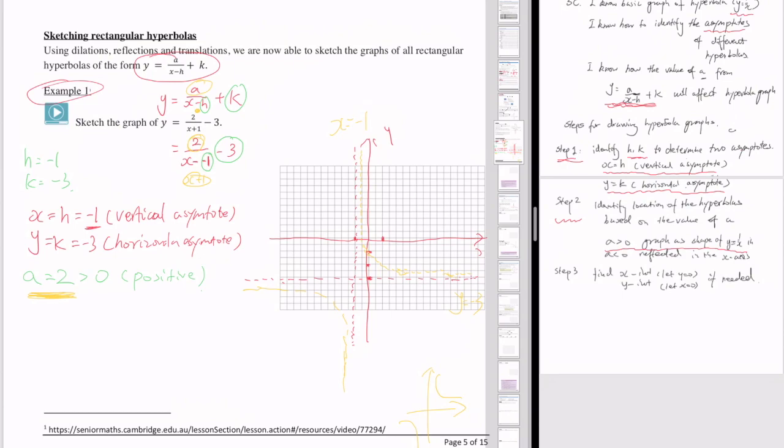When you finish that, this is just the draft hyperbola graph for the given rule, and to make it more accurate, on the right hand side of the screen you see step 3, we need to find x and y intercepts if needed. What does it mean if needed? Coming back to the graph, you see the yellow part. One of the curves is on the first quadrant, and another one is on the third quadrant.